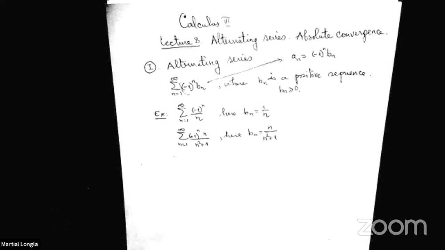So we will never carry the (-1)^n into the calculations. We are always going to take b_n, and b_n is what we are interested in.